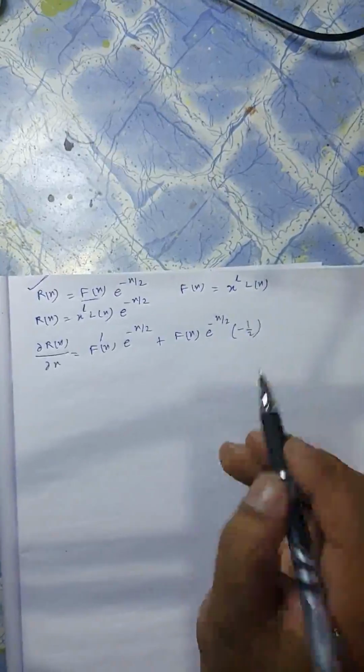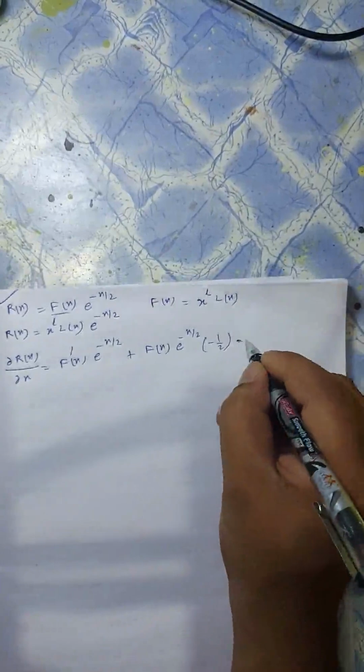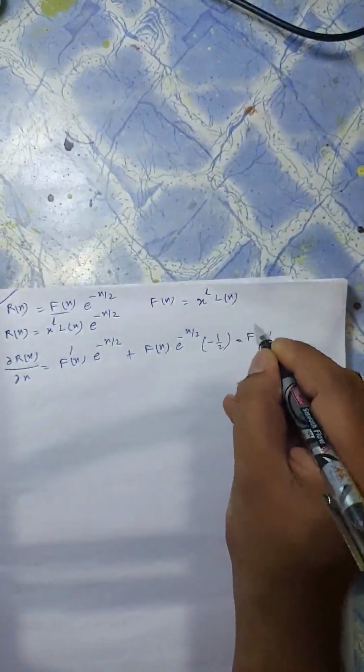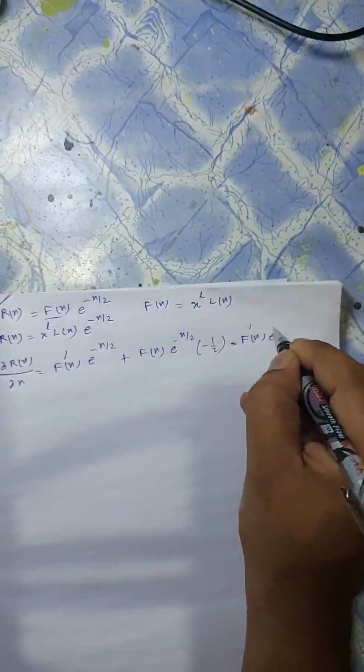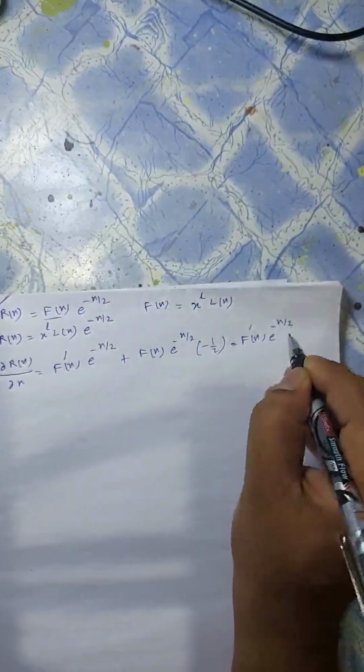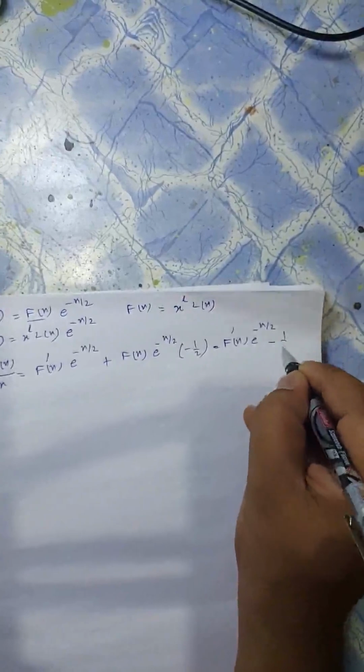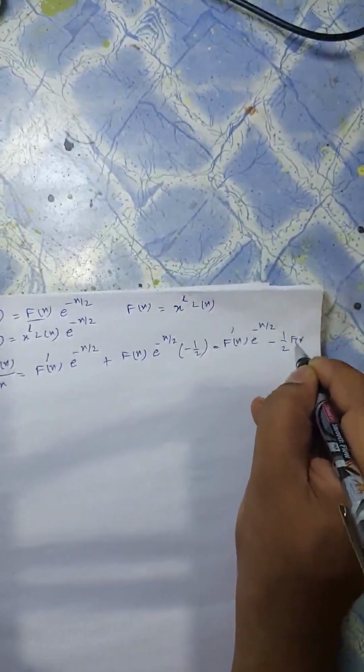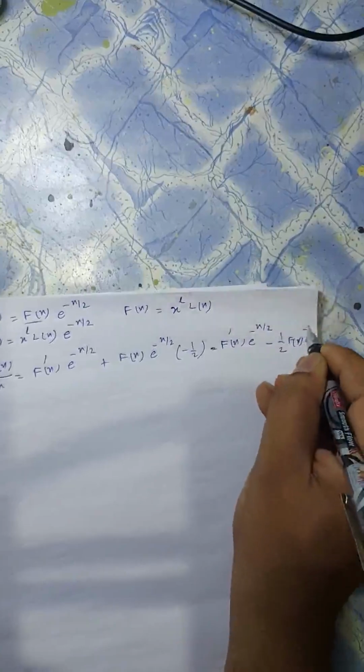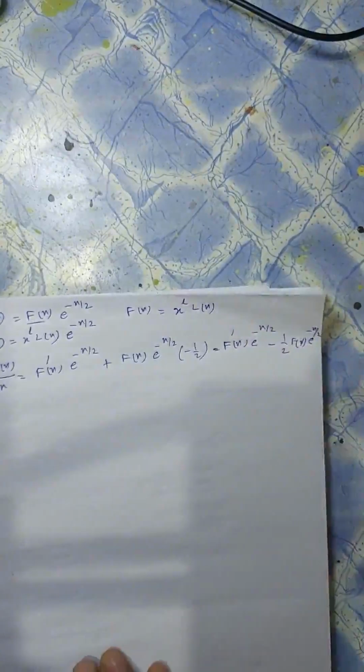This is the derivative. Okay, then what is the final equation? F'(x) e to the power minus x by 2 minus half F(x) e to the power minus x by 2.